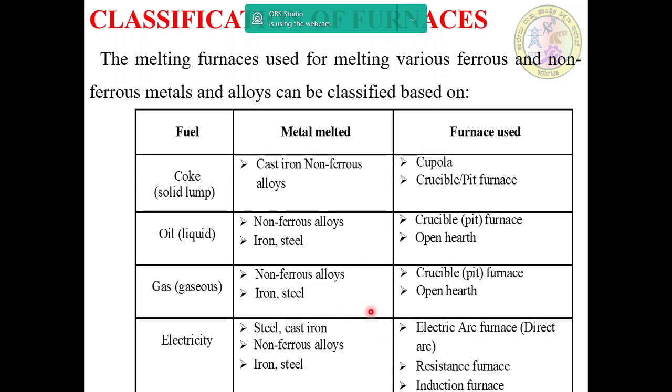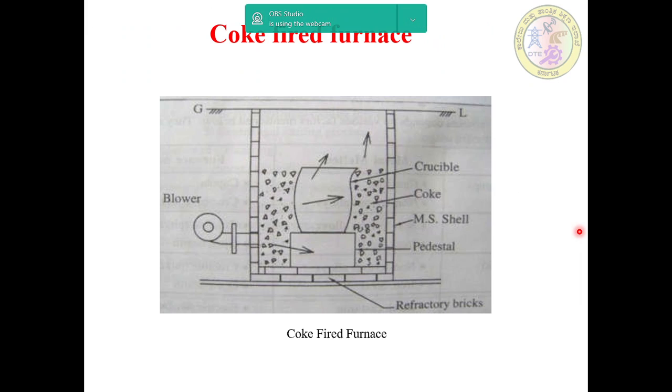These are the main classifications of the different furnaces used for melting ferrous as well as non-ferrous metals and alloys. I will discuss them one by one. Next we will take the coke fired furnace.